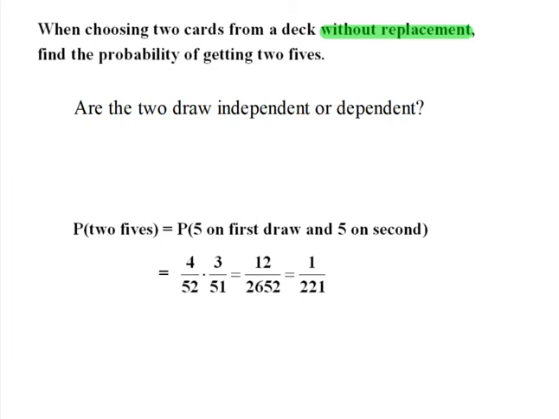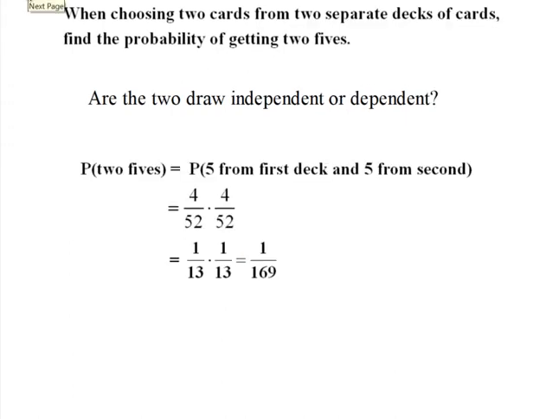Because we're not replacing the card, they're dependent. My first card has a 4 out of 52 chance of getting drawn, the second one has a 3 out of 51 chance of getting drawn. In fact, not only does the denominator in my fractions change, but my top went from 4 cards down to 3 because there's fewer of those cards in the deck.